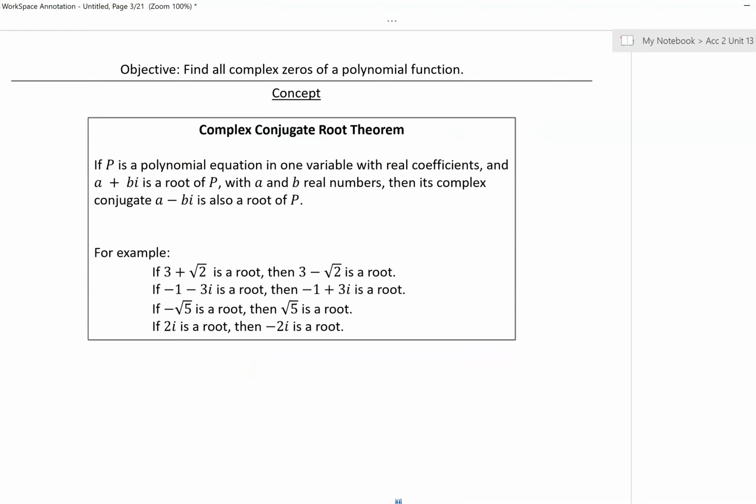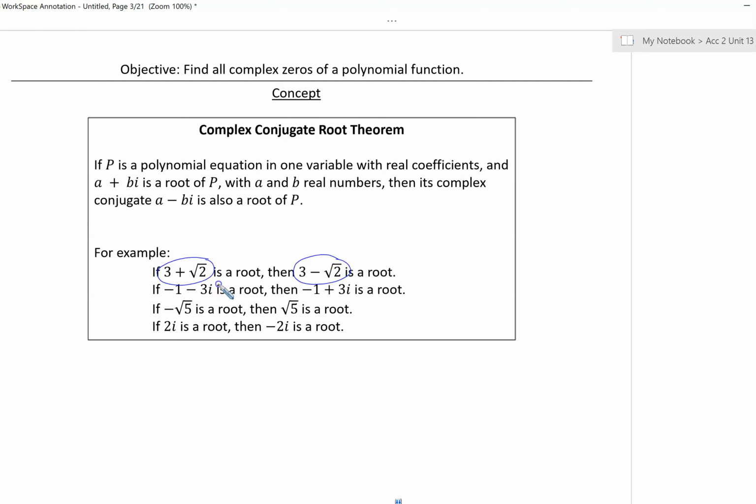Another thing that we have to keep in mind too that helps us with making sure that we haven't made any mistakes is our complex conjugate root theorem. And so if we have irrational roots or imaginary roots, they come in pairs, specifically conjugate pairs. So if we have a 3 plus root 2, we also have a 3 minus root 2.